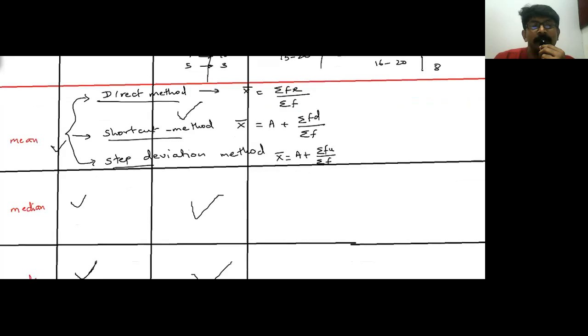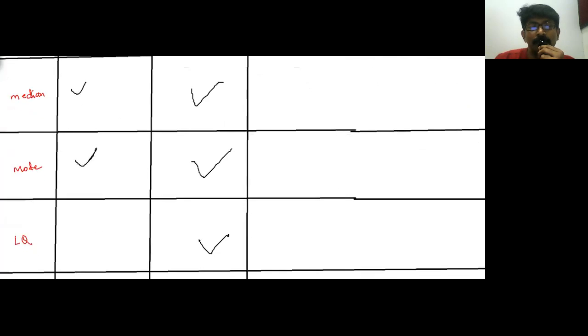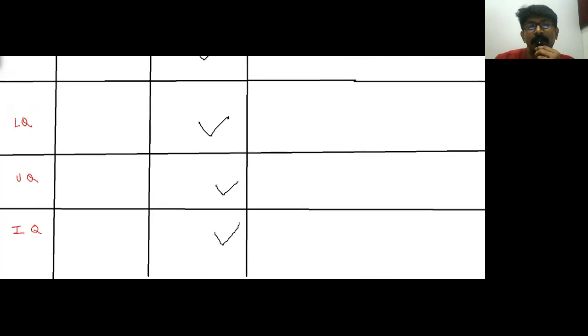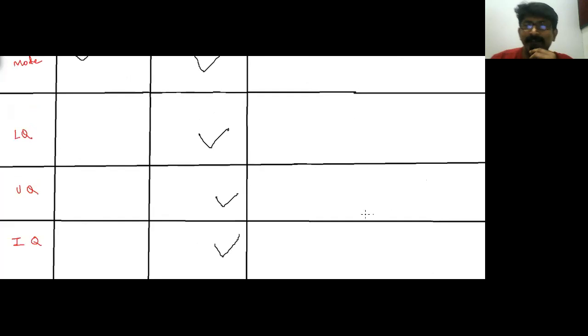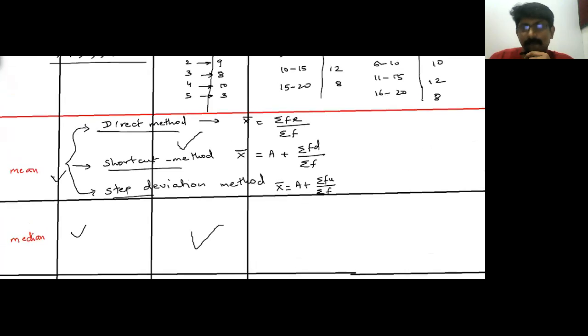Then how to calculate the mode of raw, ungrouped, and group data. Then we're going to learn lower quartile, upper quartile, and interquartile range of all these three data. Are you understanding how big this chapter is? Don't worry, it's really simple. Yes, I agree with you all. It is a little lengthier.